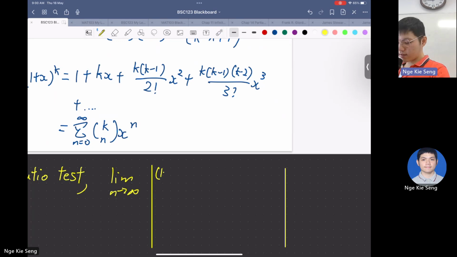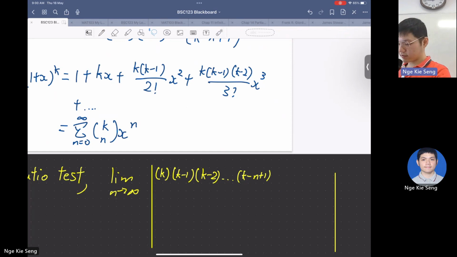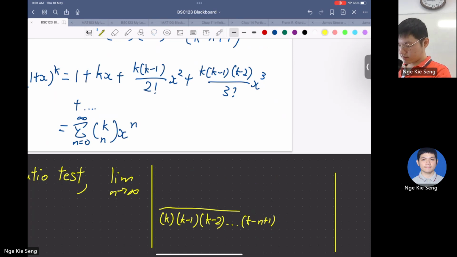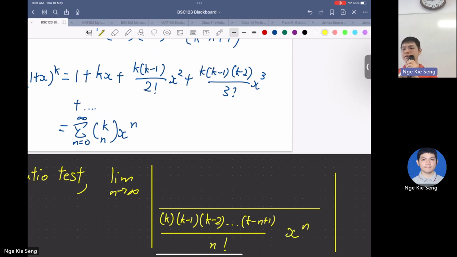Let's write down the a_n term first. So the a_n term is already quite complicated. The a_n term is this multiplied by n factorial times x to the n. Is this right? Okay, so what's the a_(n+1) term?